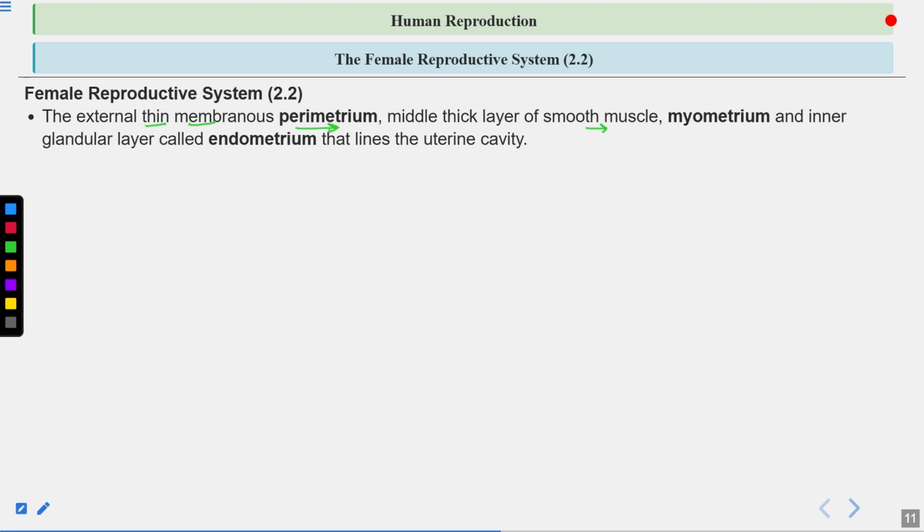So the middle thick layer is known as the myometrium. It is made up of smooth muscles, and the inner glandular layer, called the endometrium, lines the uterine cavity. So you should remember: the perimetrium is membranous, the myometrium is made up of smooth muscles, and the inner endometrium is made up of glandular cells.